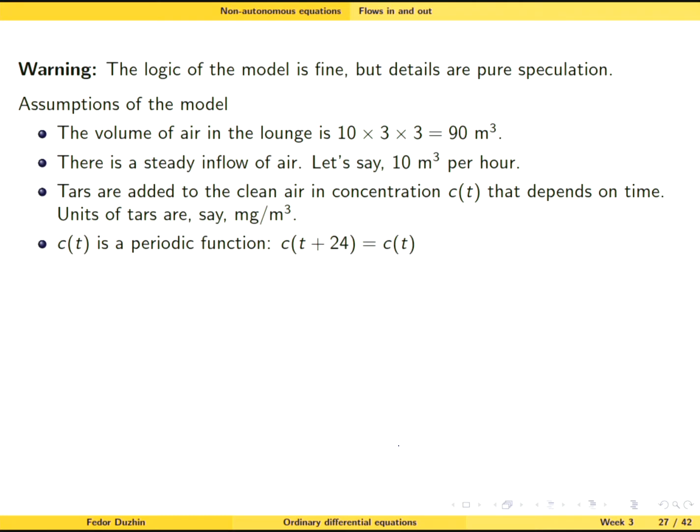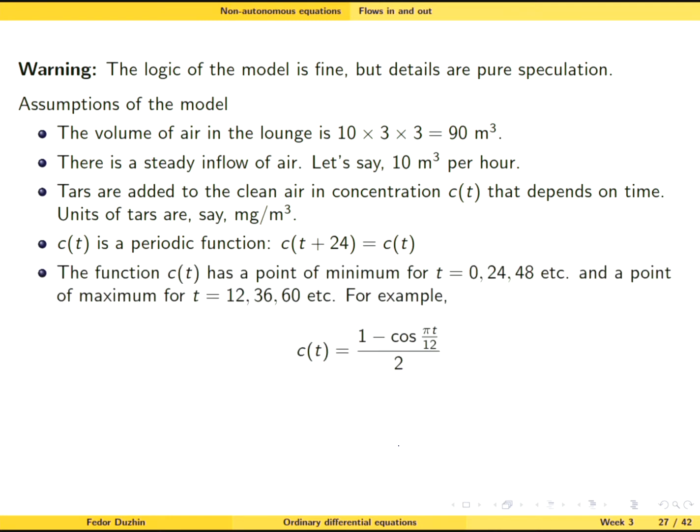Periodic, meaning that every day it happens in exactly the same way. So t is the time measured in hours, and t plus 24 is the same time the next day.